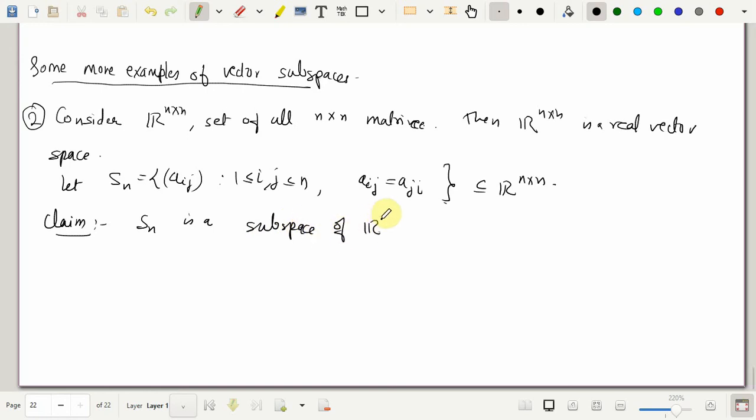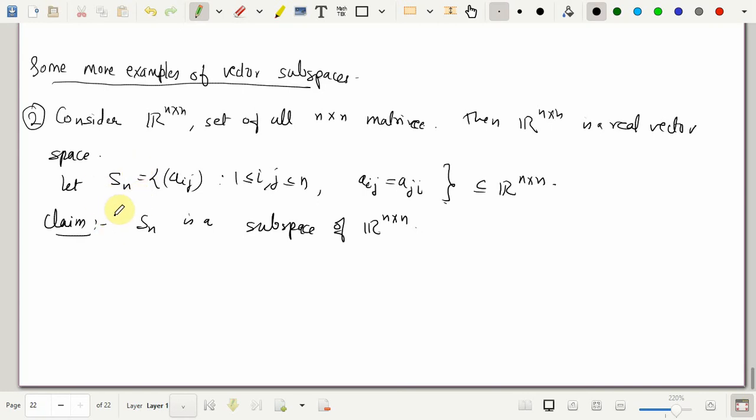To show that a set is a vector subspace of a given space, we need to check three points. First, whether the zero element of the given vector space is in the given subset. Second, whether addition is closed under that given set. And third, whether the scalar multiplication is closed under the given set.